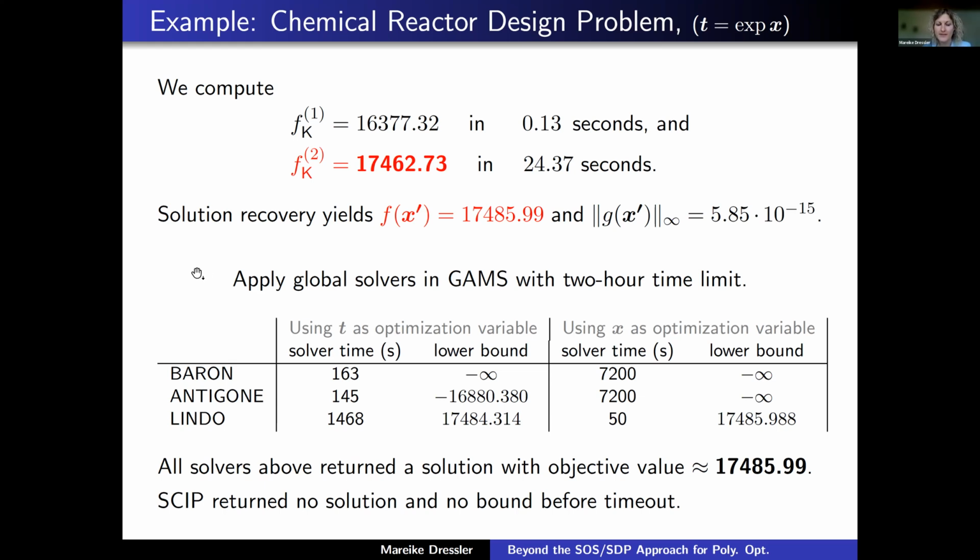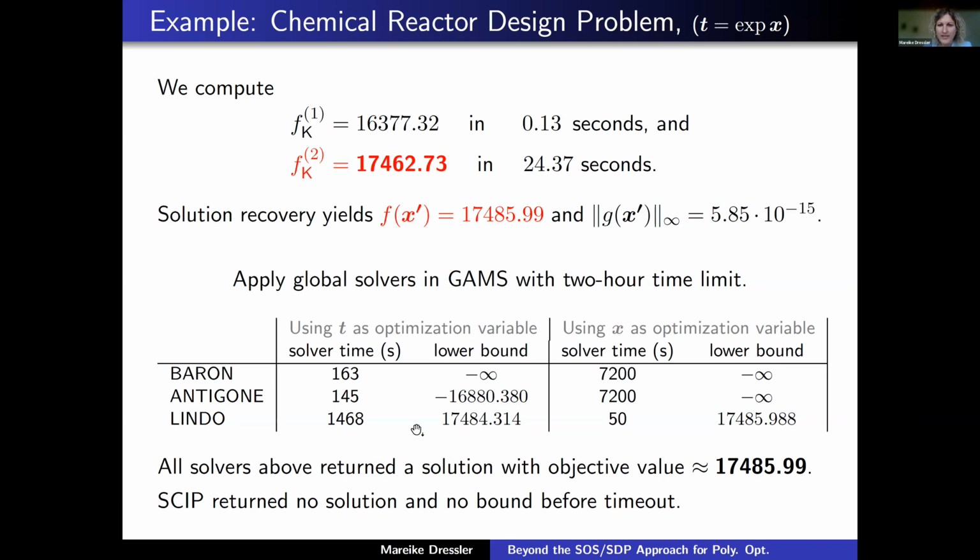And we compared this with global solvers in GAMS, so Baron, Antigone, Lindo, and SCIP. And we did this in 2 approaches, namely using this t as an optimization variable or x, so either geometric form or exponential form.